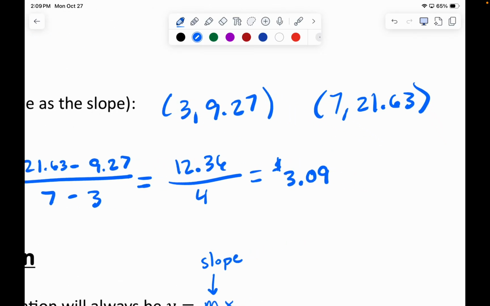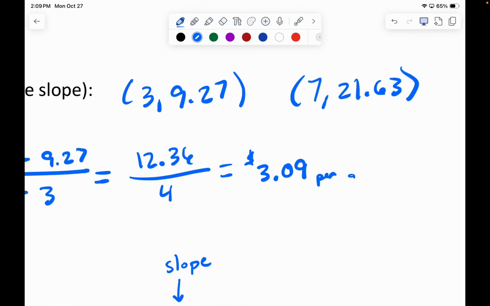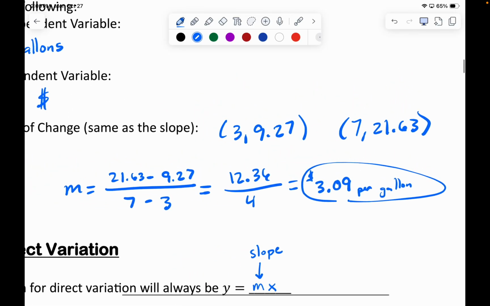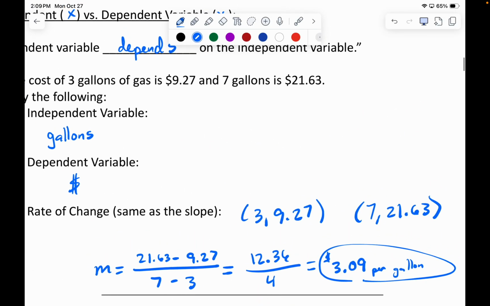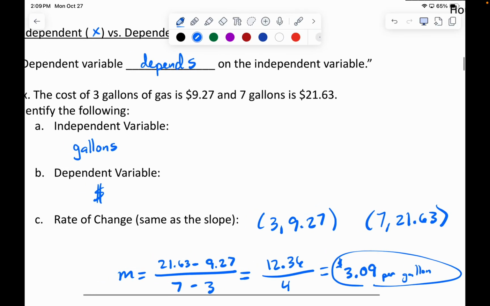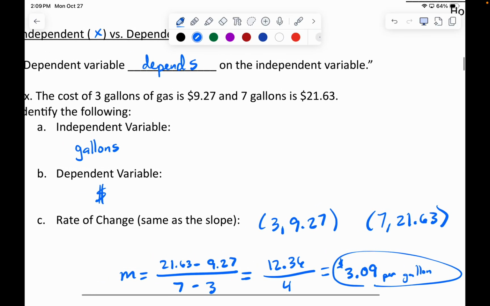Dollars per gallon. Right. Guys, when you are asked to find the rate of change of a situation, it's like you're finding the unit rate. Now, unfortunately, like we said at the beginning, it's not always just going to be division. Sometimes it's better off to do it this way. You'll get it right every time. Okay, that should do it.